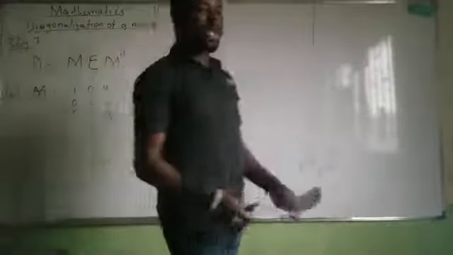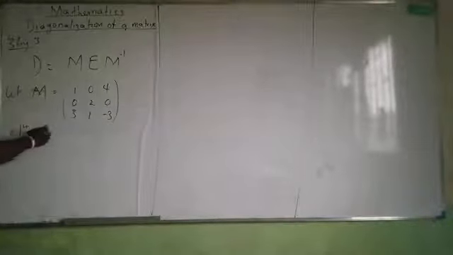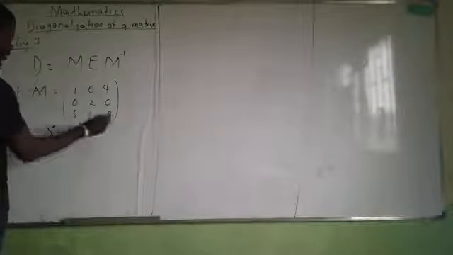For your information, at this point you should know how to derive a characteristic equation, which I've told you earlier. My characteristic equation will be given as lambda cubed minus trace lambda squared. The trace is 0, since this plus this is 0.